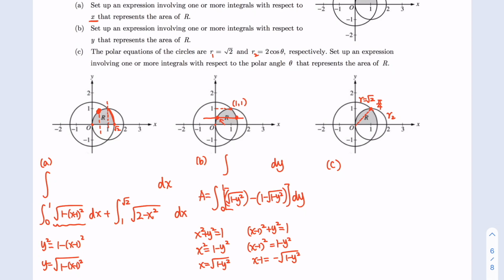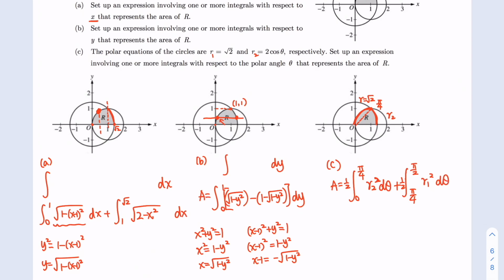So if we follow r2, that will give us integration 1/2 from 0 to pi over 4 of r2 squared d theta, plus 1/2 integration from pi over 4, follow r1 now, to pi over 2 of r1 squared d theta.